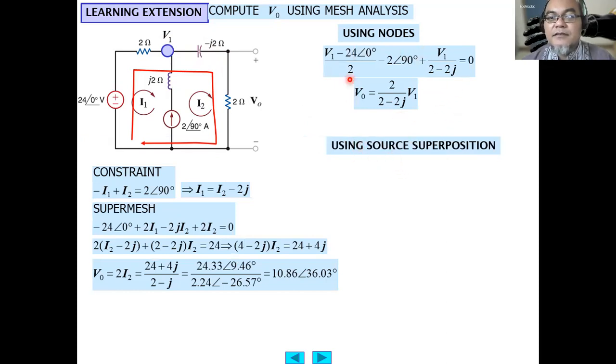So from the first equation we can obtain V1, then using this voltage division formula, we can calculate V output.